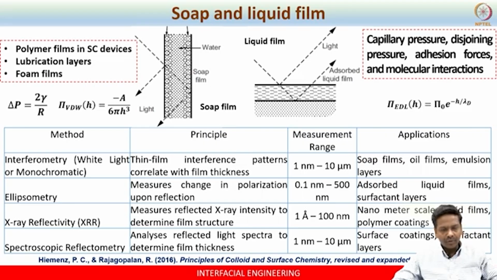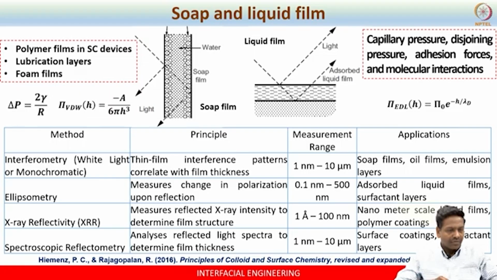Soap and liquid film. So here what we will be doing is we will be using several spectroscopic techniques, okay, to determine the film thickness, okay. It could be due to soap film or it could be liquid film, right, confined between surfaces, right, two surfaces, whereas it could be due to soap film formed by some surfactant, right, in water.